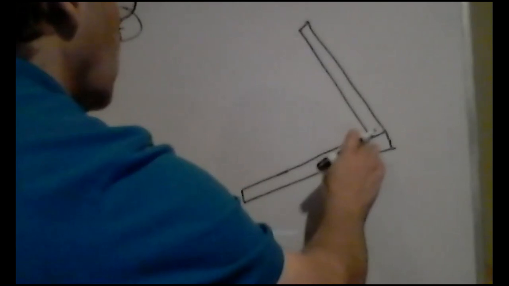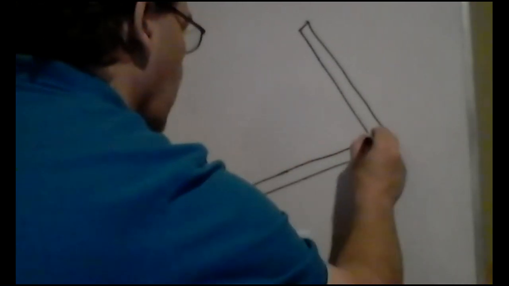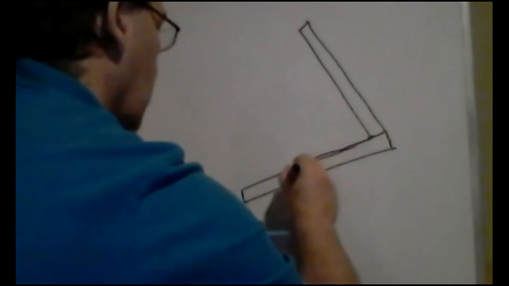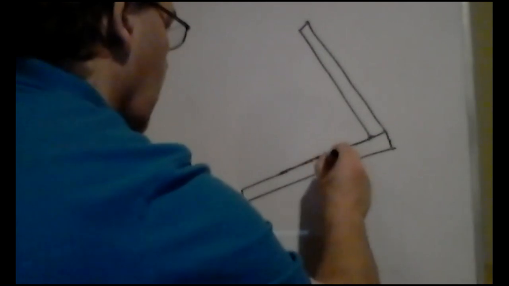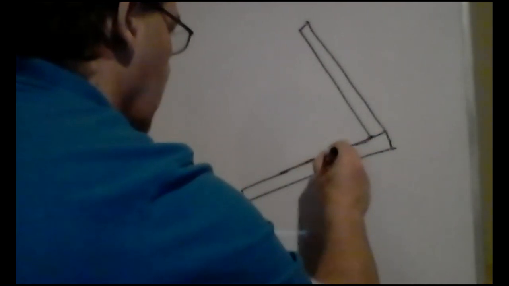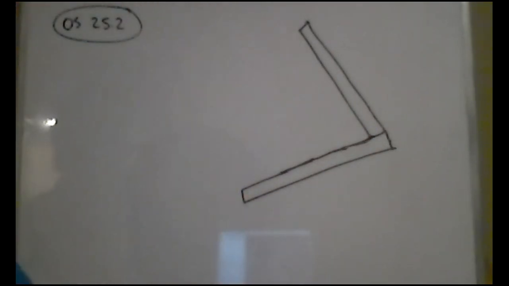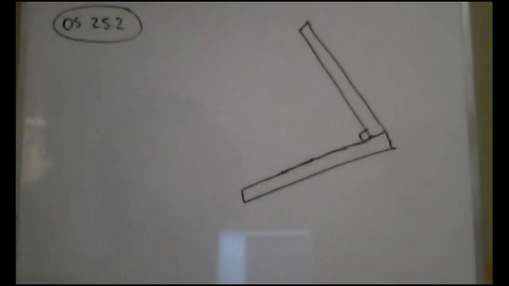Try to assume that these are actually straight. I'm drawing too fast. That's the problem. That is my not so good art skills. We'll assume that this is a right angle. Okay, here we go again.